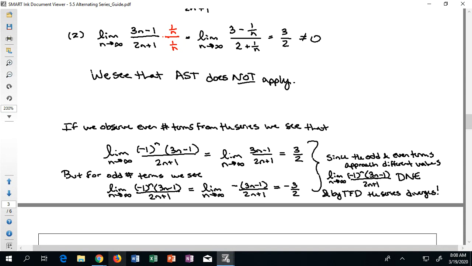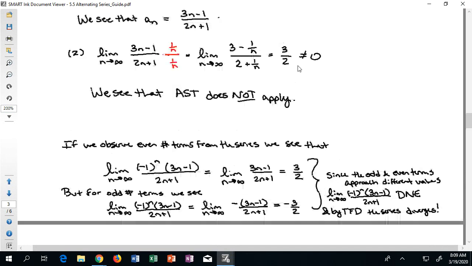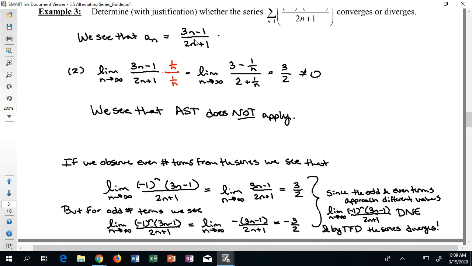So this is a really surprising result that we come across. It's actually totally possible to use the test for divergence. It's kind of the only other possible test that we could use when I come across an alternating series that doesn't appear to meet the appropriate conditions. We can see here how that actually played itself out. Notice, checking to see whether or not the original a sub n that we wrote up here was decreasing wouldn't have really mattered.